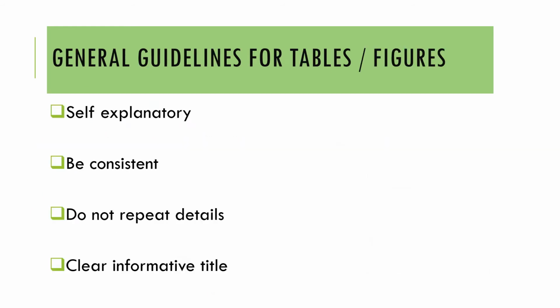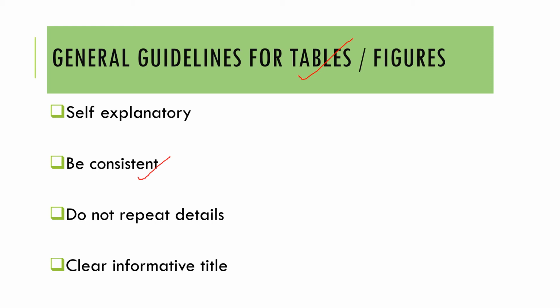Now, general guides for tables or figures. We'll just use tables. All of us will use tables. Sometimes you may have figures, maybe pictures, pictograms, but maybe not so much on this. Now, they should be self-explanatory, so that we can see, even though just numbers, we know what you're talking about.